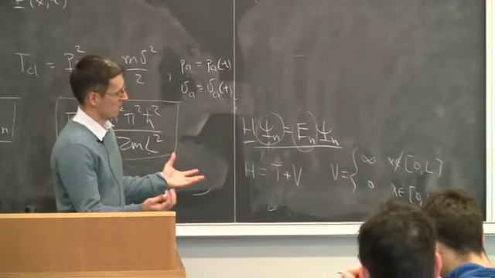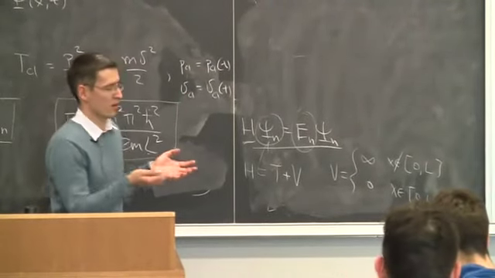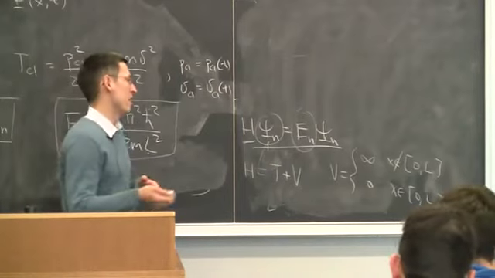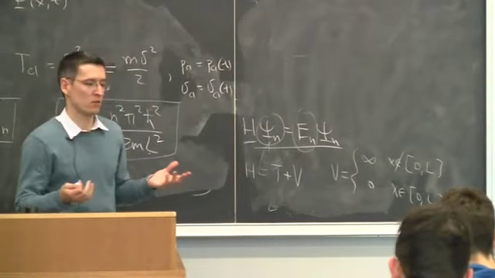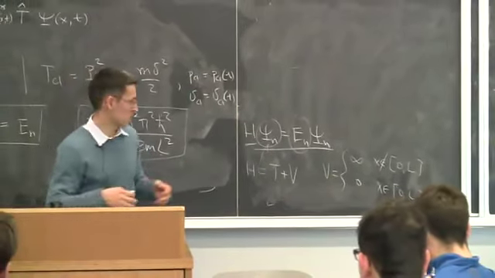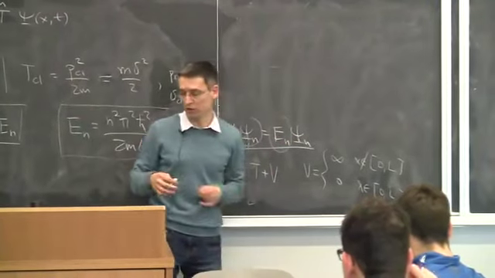Essentially, the situation is that there is no potential where we have a function, and there is infinite potential where we don't have a function.